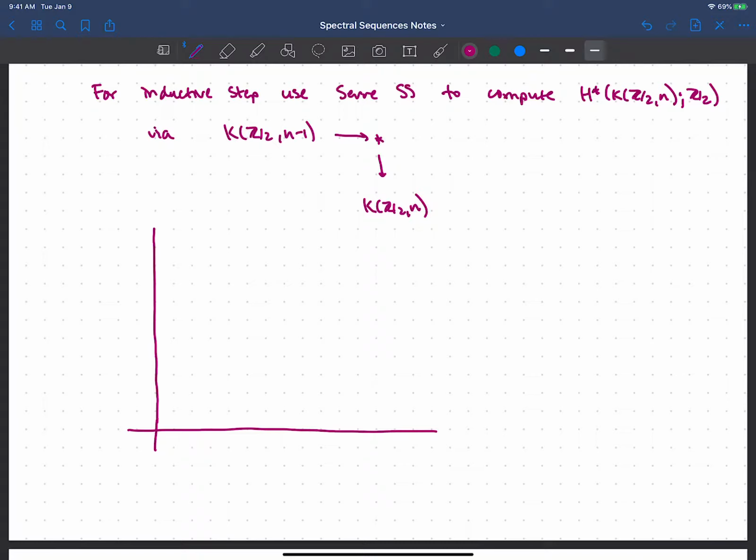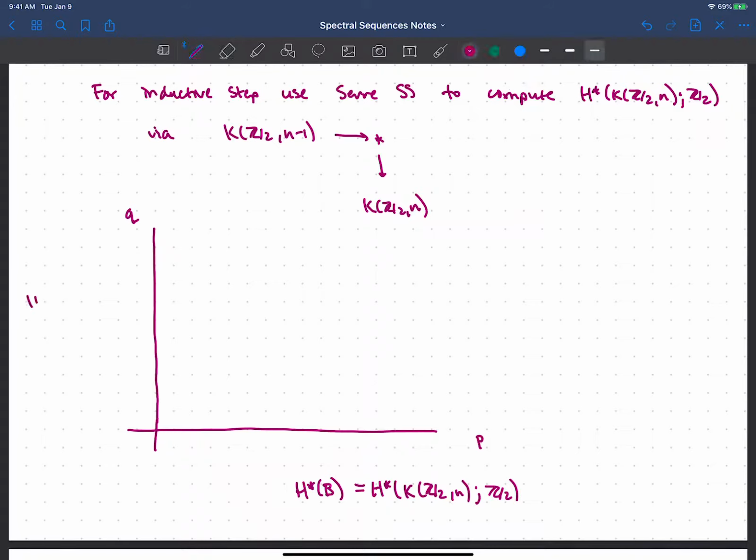Well, I want to draw my Serre spectral sequence. I'm going to put the cohomology of the base down here on the p-axis. I suppose that's the thing that I'm after, so maybe I should hold off, but that's going to be the cohomology of K(Z mod 2, n) in mod 2 coefficients.